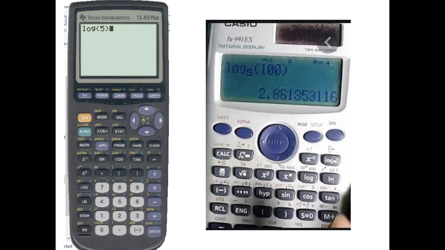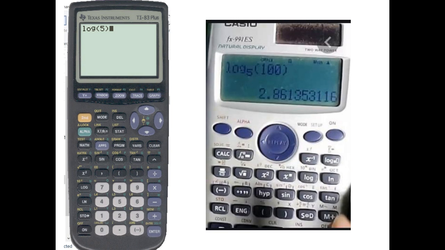This is what I want to point out to you. On your calculators, you don't see a base here, right? Since you don't see a base, that means your calculator, especially for those who have only a scientific calculator, like the one on the right, only does logs that are base 10. It does not do logs of base 5.